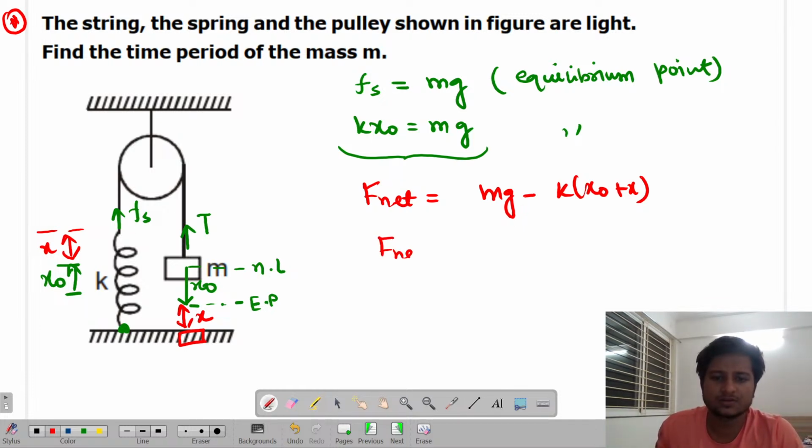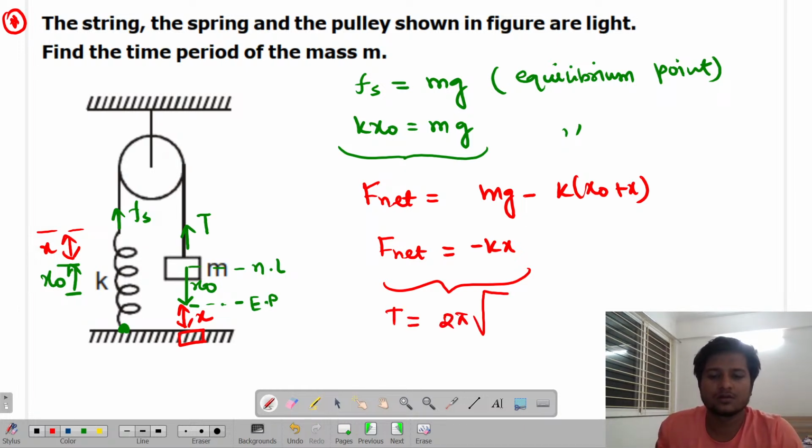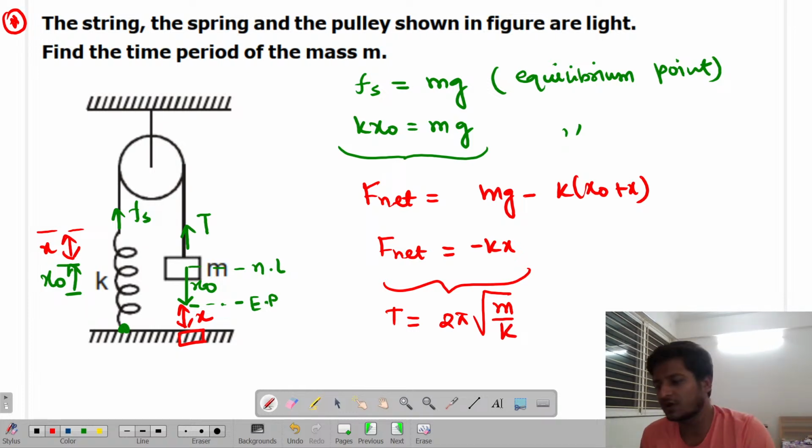So F net is minus kx, simple. So that means once again the answer is the same. The time period is the same. कैसा रहेगा हरदम? Same. Yes, Reva, it is correct. It is same. Are you able to get me or not?